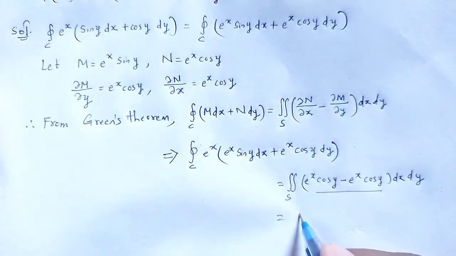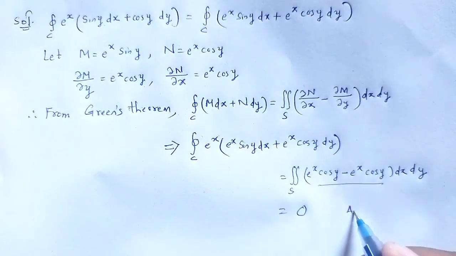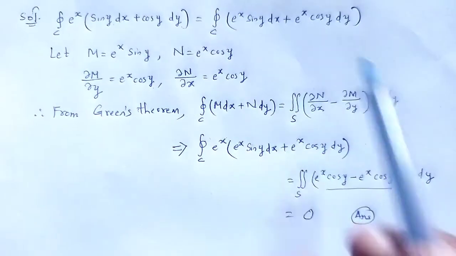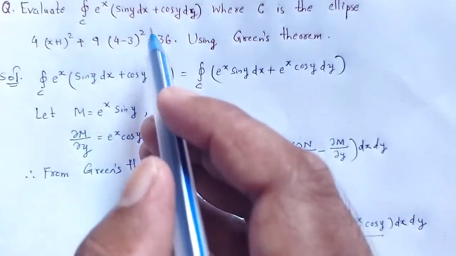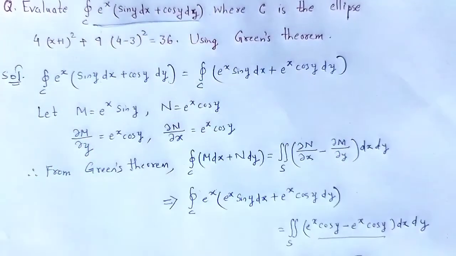This term will be 0, that's why the overall result, the answer of the given integral, will be 0. Now we have found the given integral over the closed curve C.